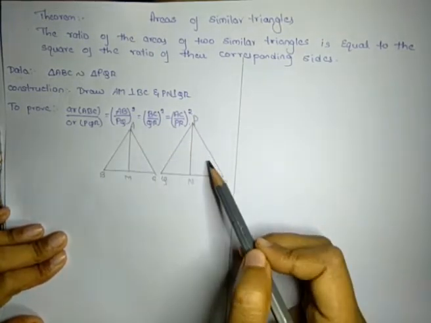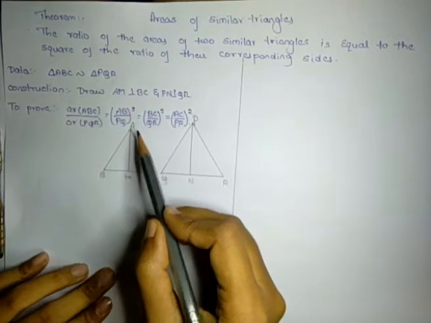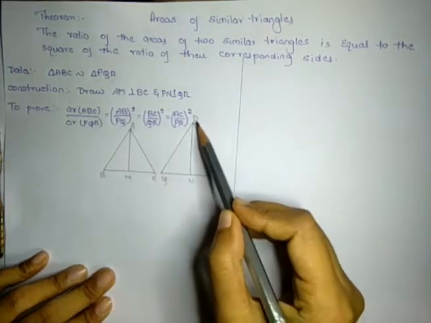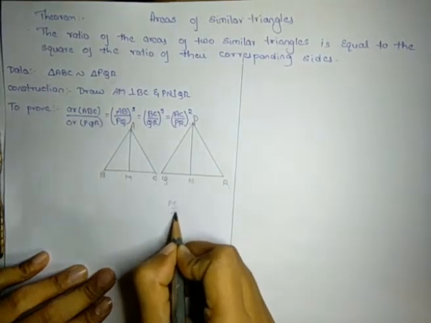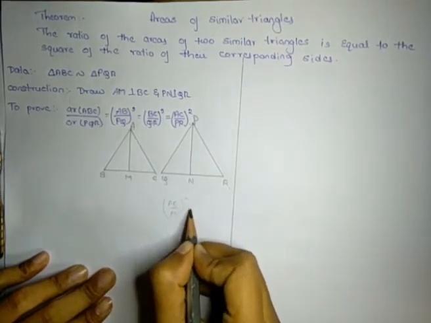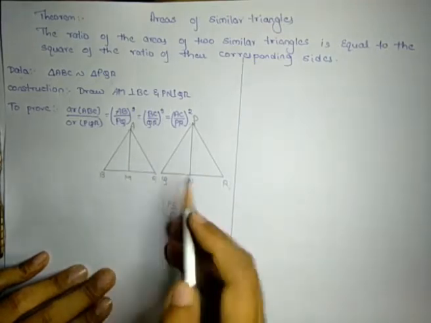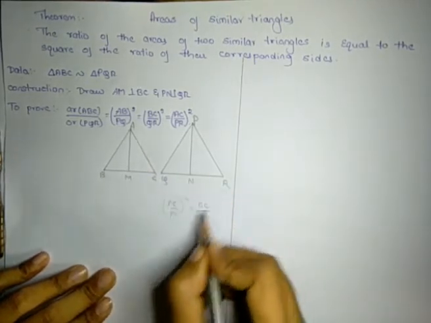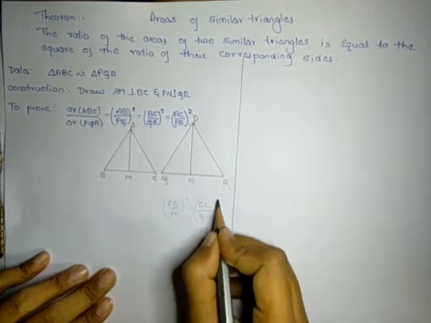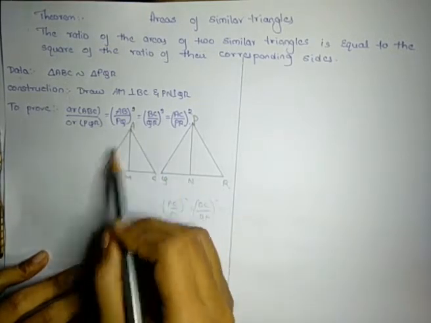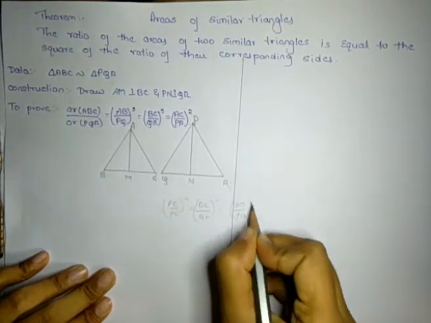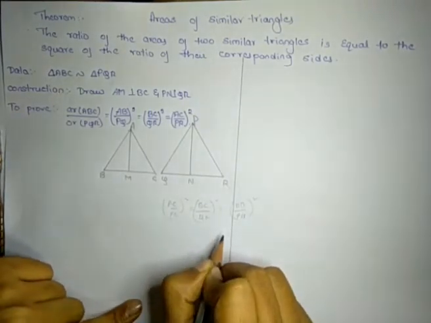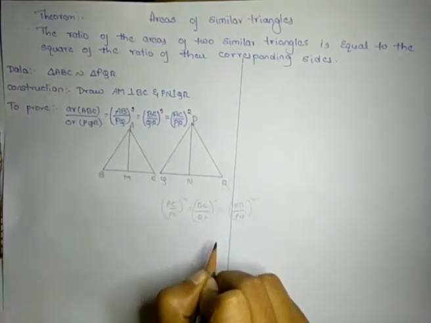If they are in a ratio, then for their corresponding sides, AC divided by PR whole square will be equal to BC divided by QR whole square, and that will be equal to AB divided by PQ whole square, right? We need to show this condition when the areas of two similar triangles are in a ratio.